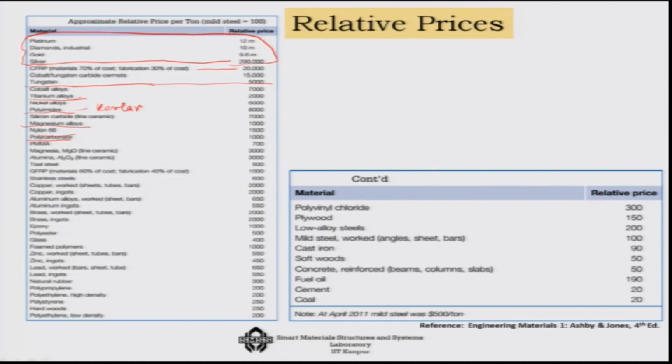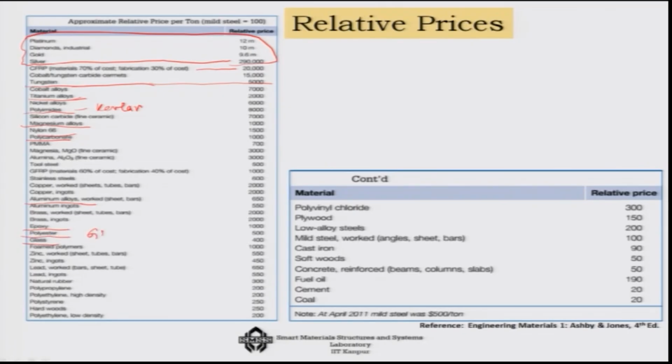So, if you look into this list, you will see the presence of steel or such material. Let us say here we have the aluminum alloys in this list. Okay. Even below the aluminum alloys you can get epoxies, polyesters and glasses.